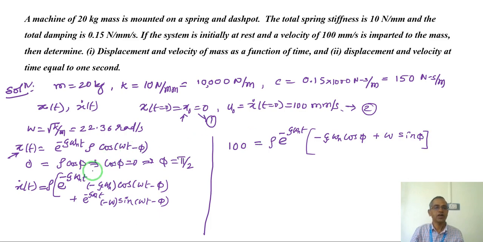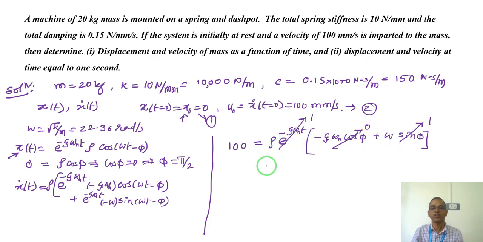Now since cos phi is 0, that means this term is 0. When phi equal to 90 degrees, this sin phi will be 1, and this term will be equal to 1 because t equal to 0.